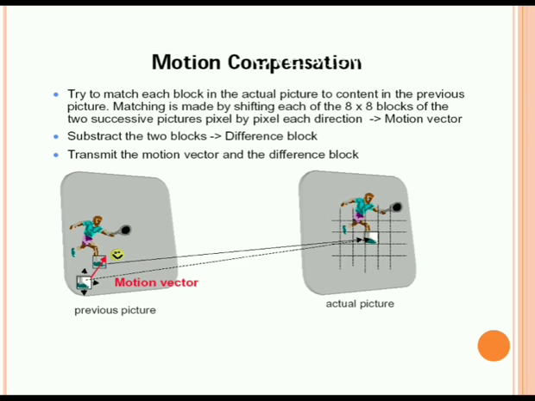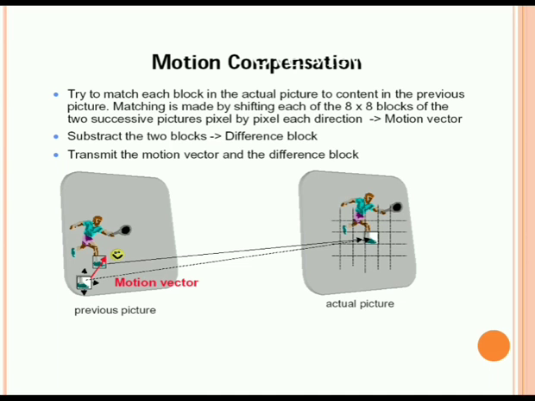Now let us see the third technique, that is motion compensation. Try to match each block in the actual picture to one in the previous picture. Matching is made by shifting each of the 8 by 8 blocks of the two successive pictures pixel by pixel in each direction. Find the motion vector, subtract the two blocks to get the difference block, and transmit the motion vectors and the difference block.